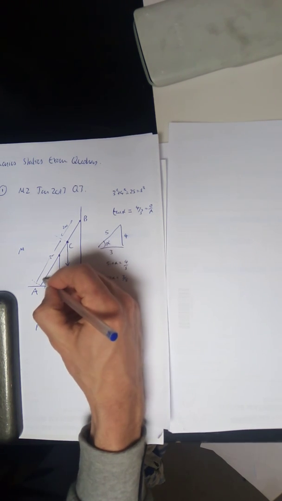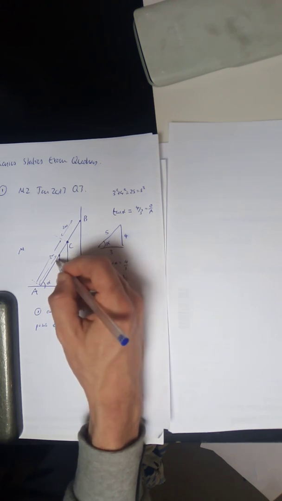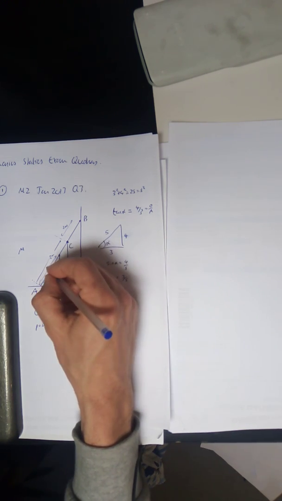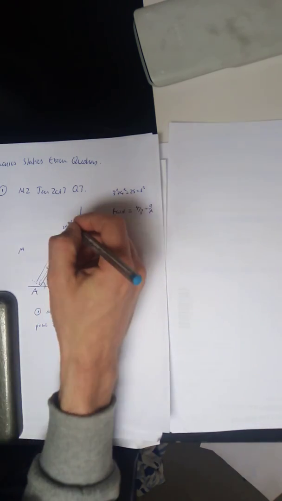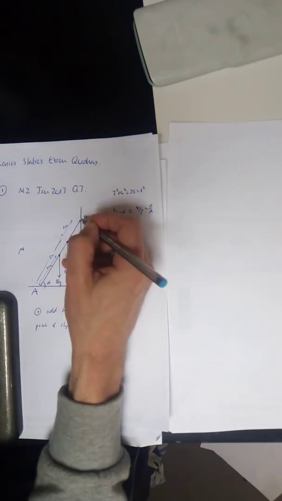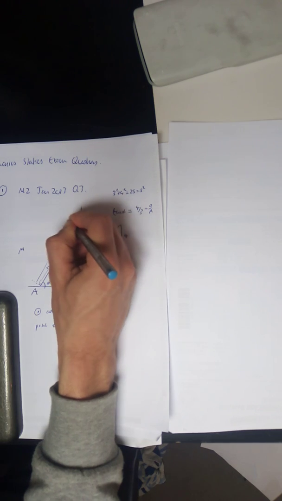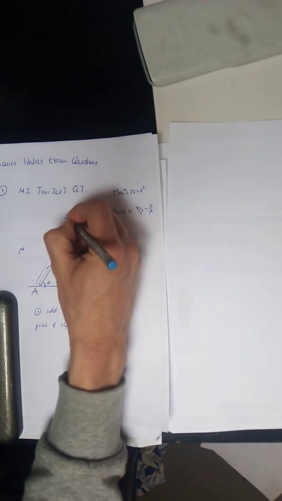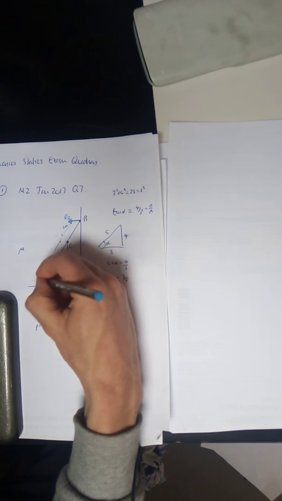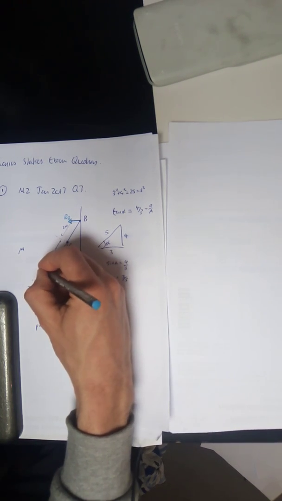We know that distance from there to there is half the length of the ladder, so that's 2.5 meters. We then want to add the forces on. The reaction at the wall is always perpendicular. The reaction here is RB, and the reaction at the ground is perpendicular, so it's RA. There's one other force we haven't added in, which is the friction.